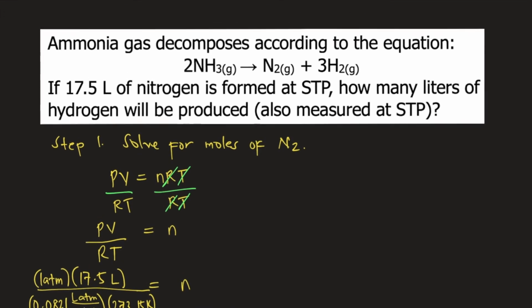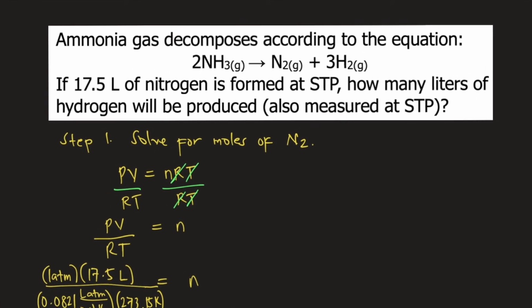When we read the problem, we are given a balanced chemical reaction. And according to the reaction, for every 1 mole of nitrogen, you produce 3 moles of hydrogen. So the ratio between nitrogen to hydrogen is 1 mole is to 3 moles. So we plug that into our equation.